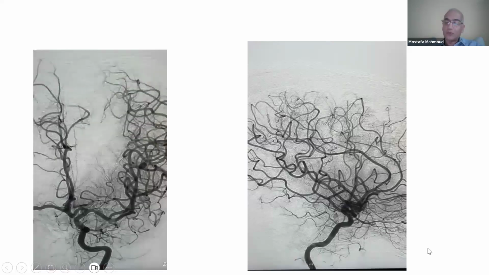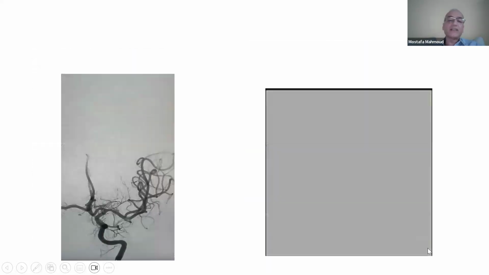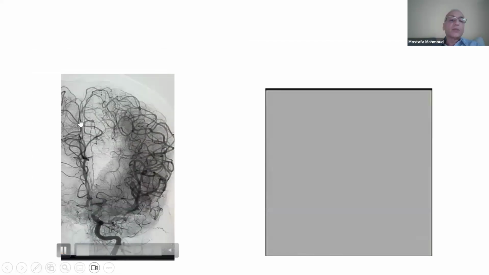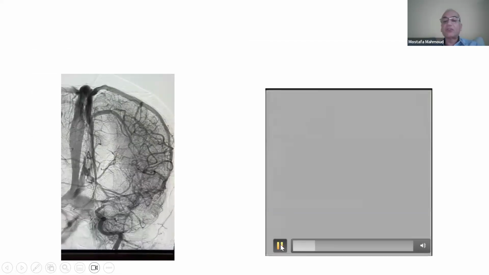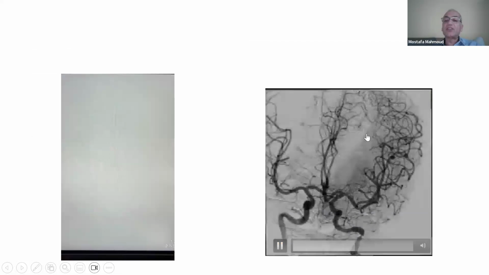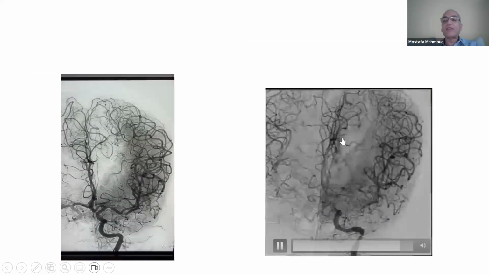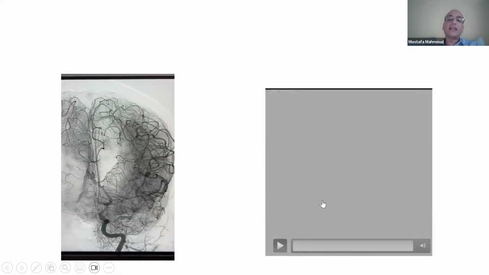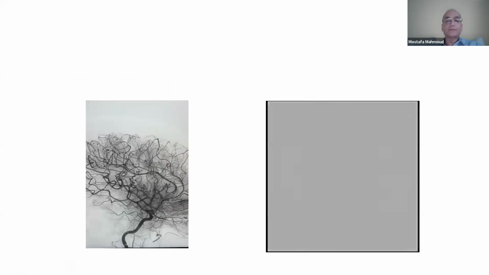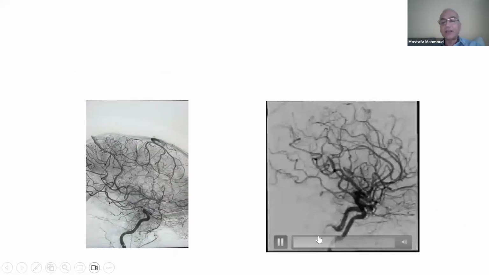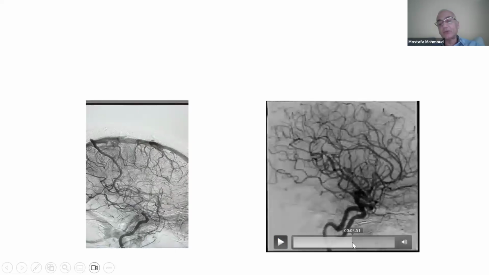So we went for revascularization of the ACA. This was before revascularization, and here is after revascularization. Obviously, full revascularization of the ACA using the same technique, aspiration only. And here is the lateral view.